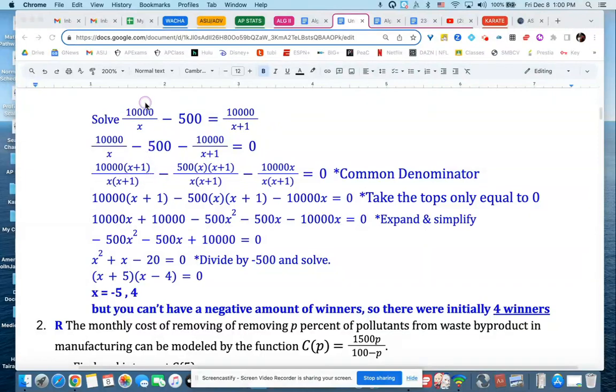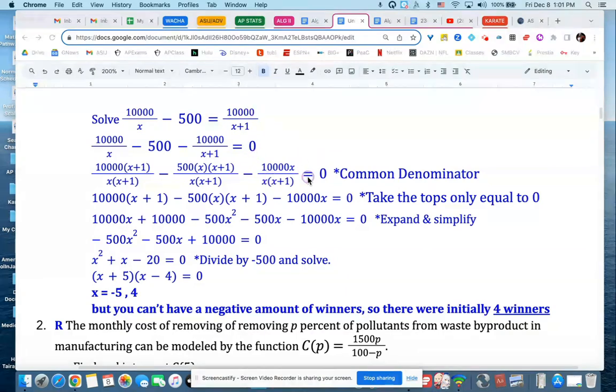Okay, so I have to take the one on the left, this 10,000 over x, the initial, and I have to multiply by x plus 1 over x plus 1. The 500, I need to multiply by both. I have to multiply by the x, and I also have to multiply by the x plus 1 to make that a common denominator, right? We're looking for x times x plus 1 on the bottom. Back in the beginning, that's what I had on the bottom, so that's what I want to make common.